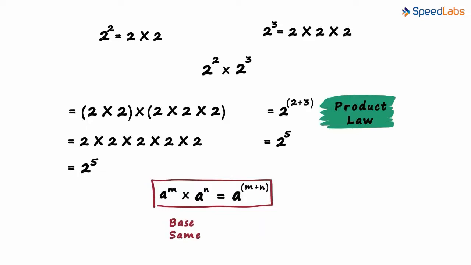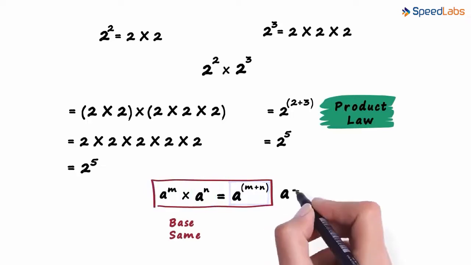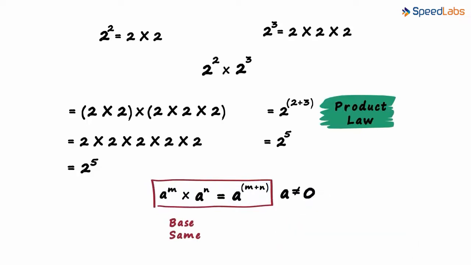So remember, the product law says a raised to m multiplied by a raised to n gives us a raised to m plus n if a is not equal to 0. So when we are multiplying two numbers with the same base, we should add their exponents. This is the product law.